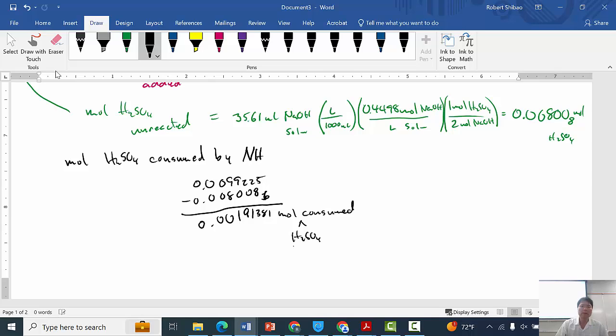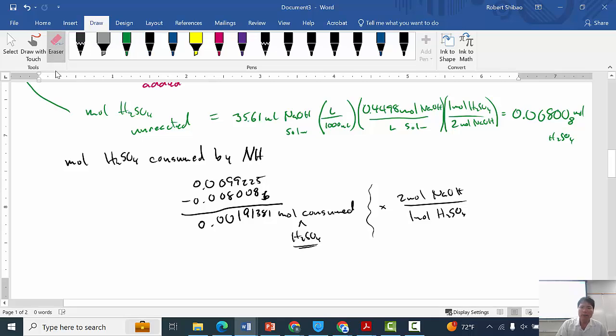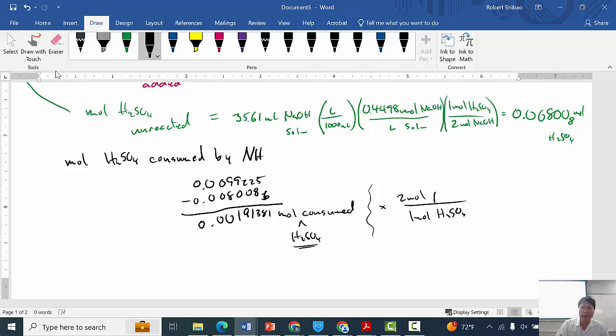So if I know how much of the H2SO4 reacted, then I'm just going to say it's going to react with 2 moles of sodium hydroxide for every 1 mole. And so I'll just continue the calculation, 1 mole of H2SO4. Sorry, not sodium hydroxide. Now that H2SO4 didn't react with sodium hydroxide, it reacted with ammonia.